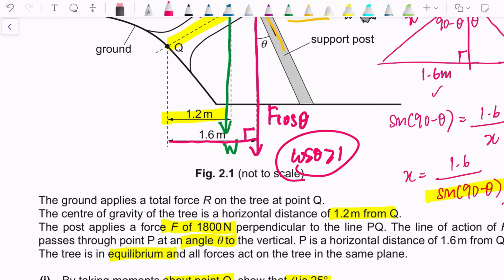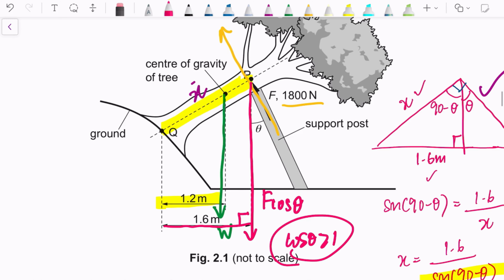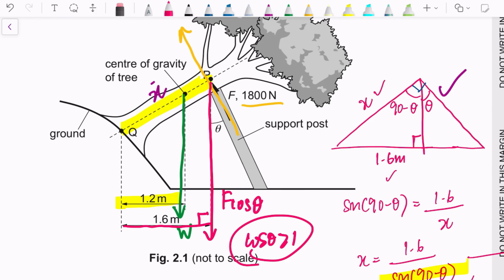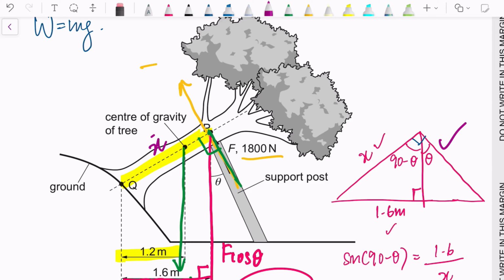So why is that so? Because based on this diagram, your force is already initially perpendicular to your axis. Let me take a color. This black line is your axis. Axis is a line where all your forces are acting. See, your weight is also acting here.